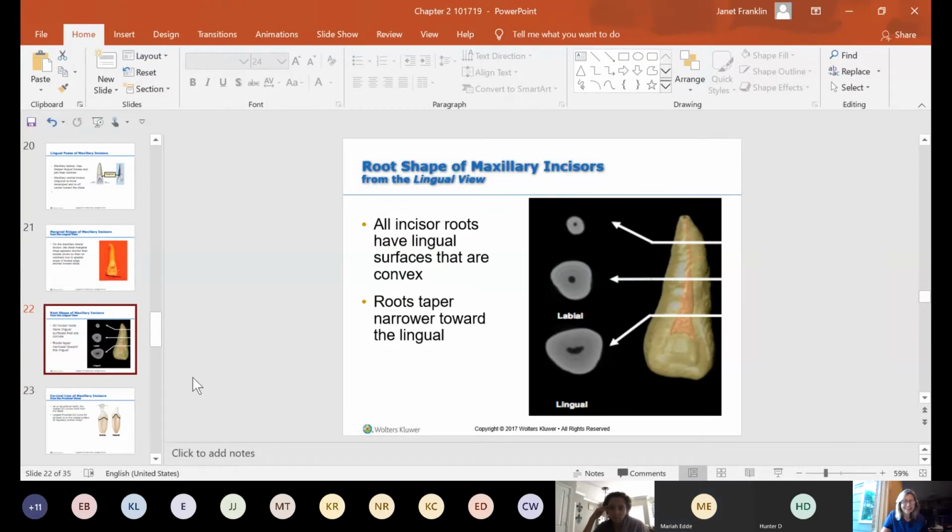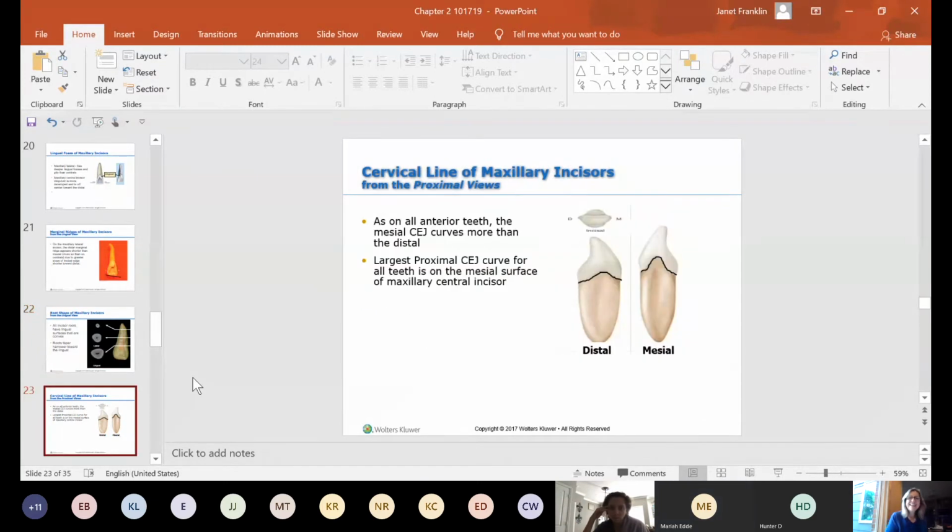Good. Okay, cervical line of the maxillary incisors from the proximal view. So now we're looking in between the teeth again. As on all anterior teeth, the mesial CEJ curves more than the distal. This is important. Put a star next to it.